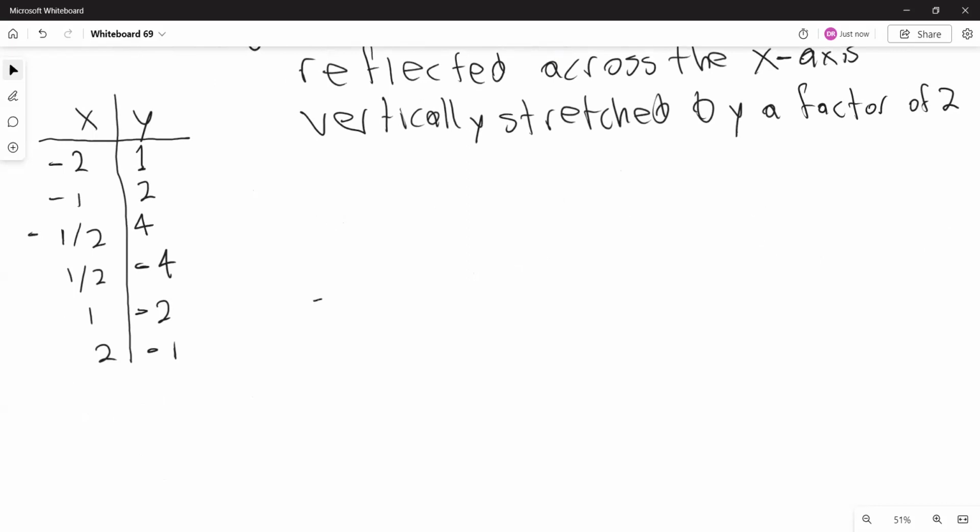And we're going to sketch the graph. Compared to 1 over x, the graph was reflected across the x-axis and vertically stretched by a factor of 2.